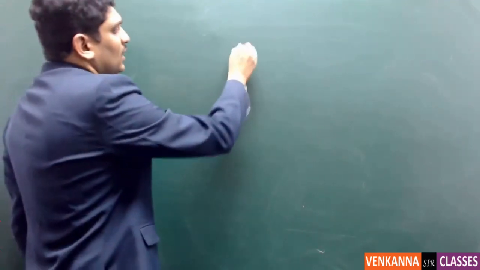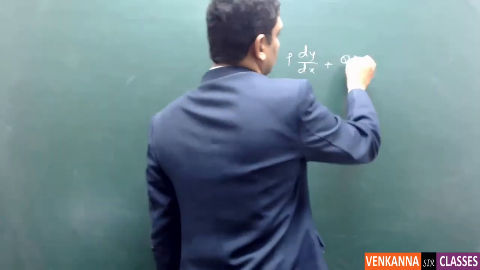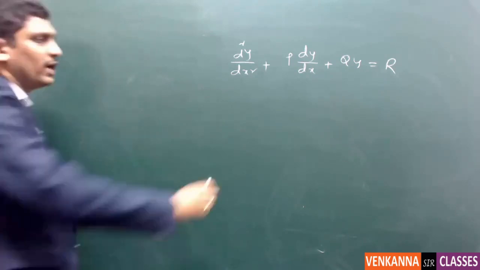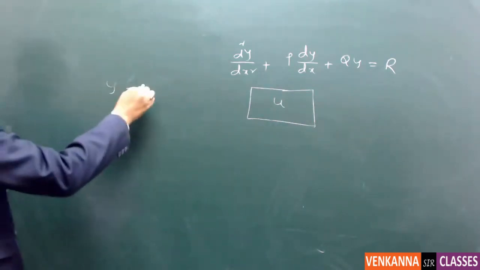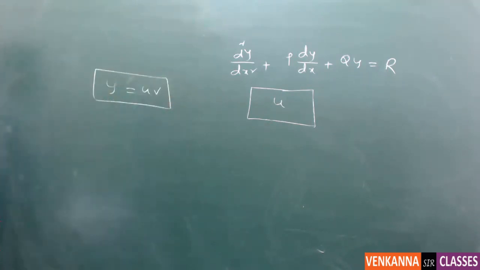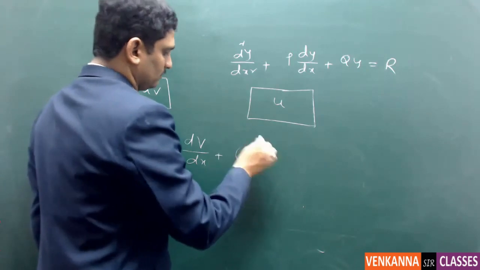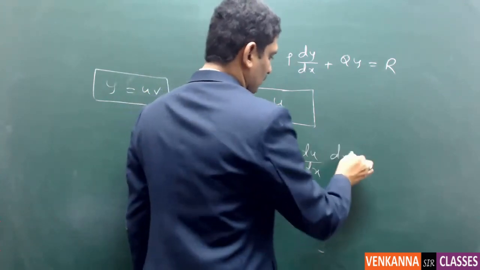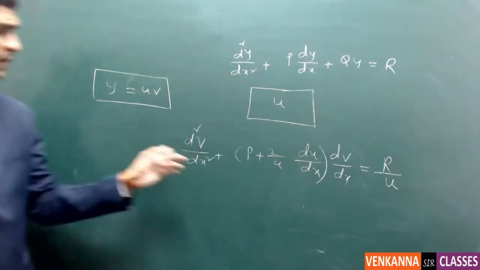We described a typical method: whenever you have a second order differential equation, we find one function u, and y is equal to uv is the general solution, where v is to be found using the formula. Can you recollect this once again?